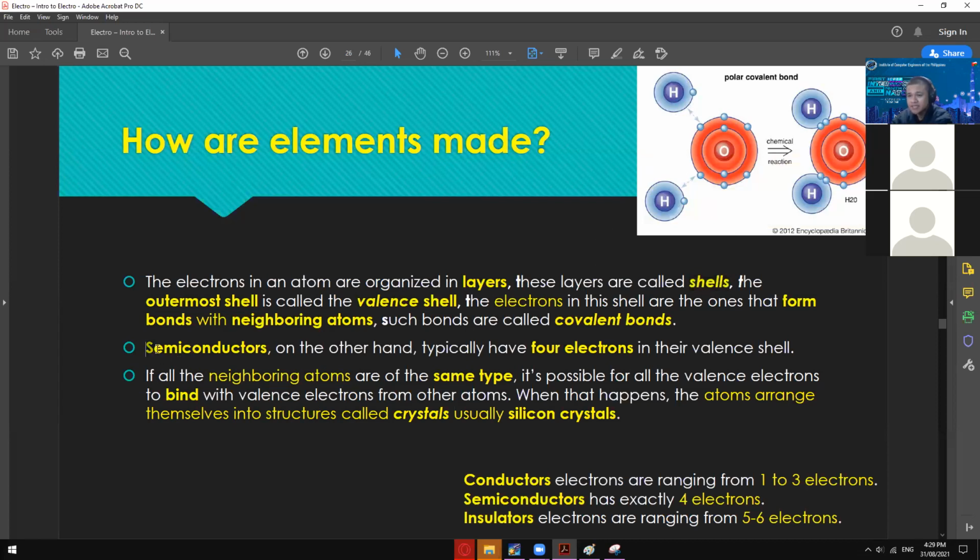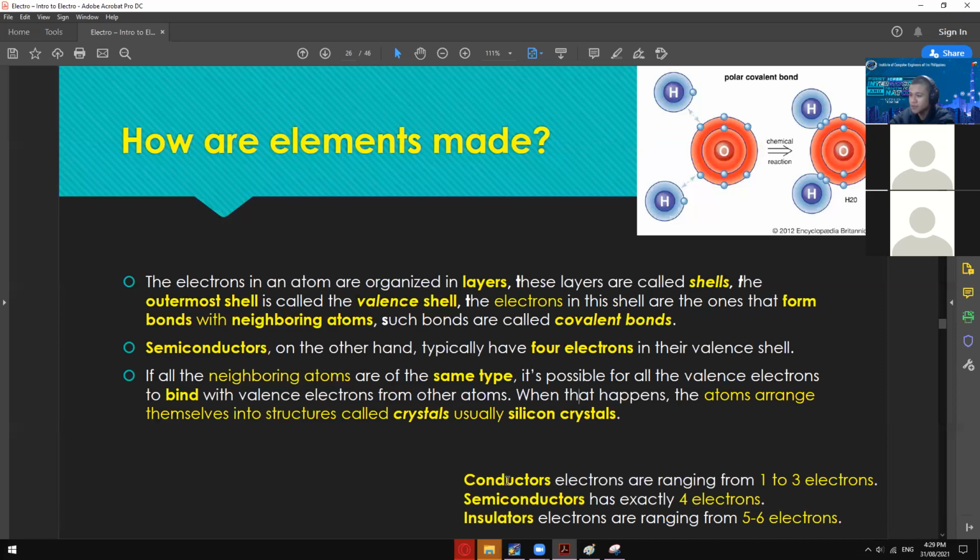Take note that semiconductors typically have 4 electrons in their valence shell, so that's four sides. If all neighboring atoms are of the same type, it's possible for all the valence electrons to bind with valence electrons from other atoms. When that happens, the atoms arrange themselves in structures called crystals, usually silicon crystals.